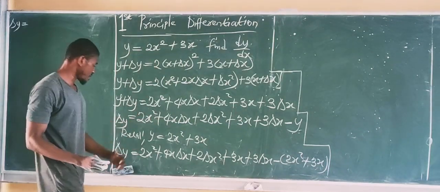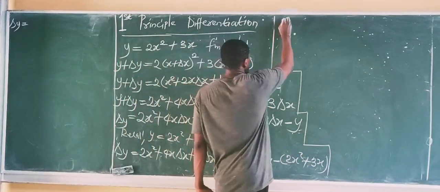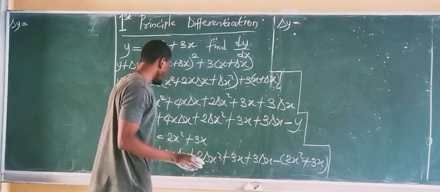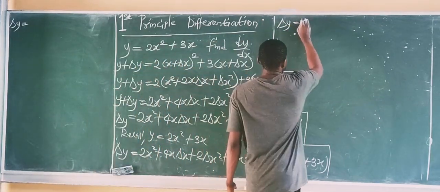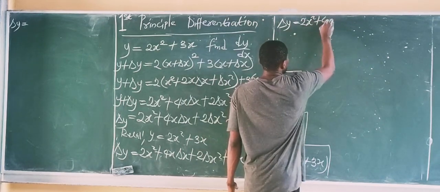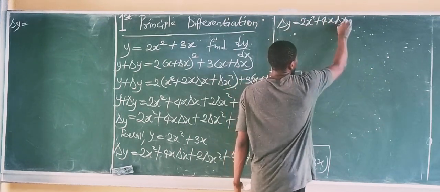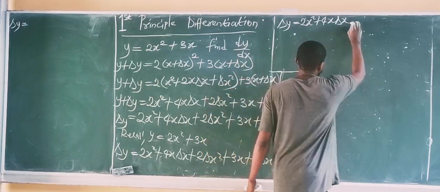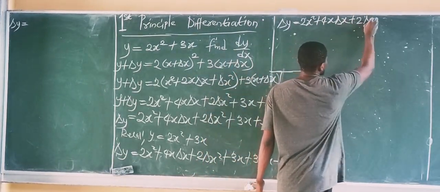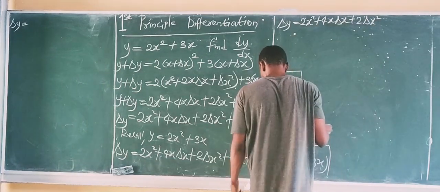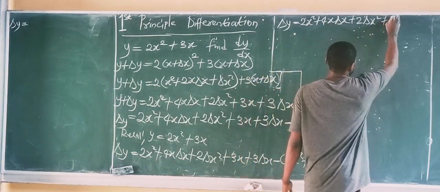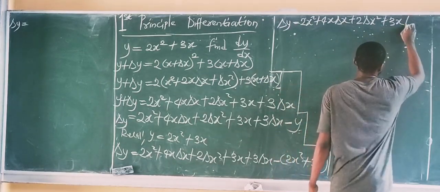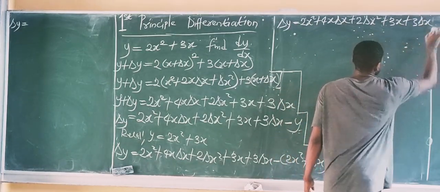Alright, so let's continue over here. So we have change in y is now equal to 2x squared plus 4x change in x plus 2 change in x squared, okay, plus 3x, okay, plus 3 change in x, okay.